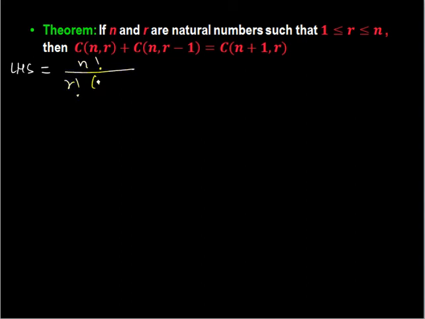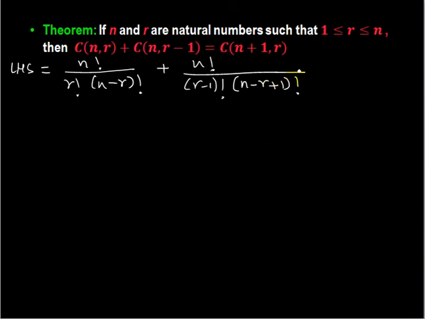So n factorial over r factorial into n minus r factorial. This will become n factorial over r minus 1 factorial into n minus, within the bracket it will be r minus 1. So if we open the bracket, it will be n minus r plus 1 factorial. Now for simplifying these two, we need to take out the terms common.